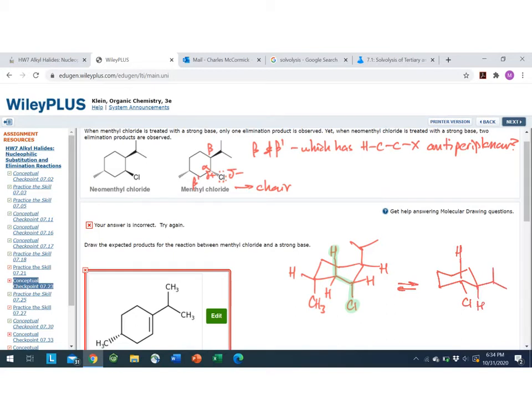So all I'm doing now is a chair flip. And we can see that this chlorine is no longer axial, it's equatorial. So this conformation is not going to be reactive. This is the only reactive conformation, and the stuff I've highlighted in green shows you where the elimination is going to occur from. So in your answer, the alkene is in the wrong place. So if we convert this to the elimination product, we're going to get the following.